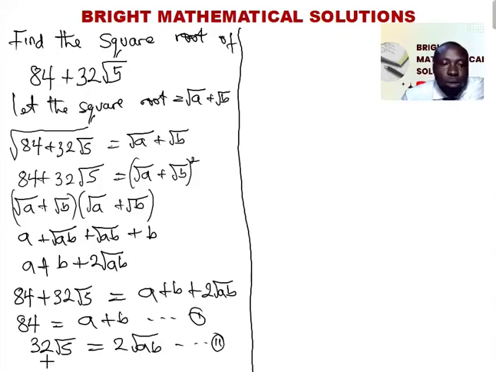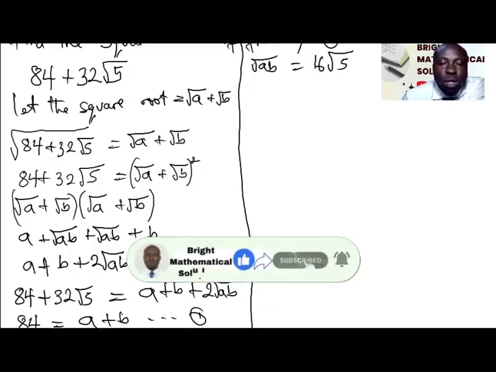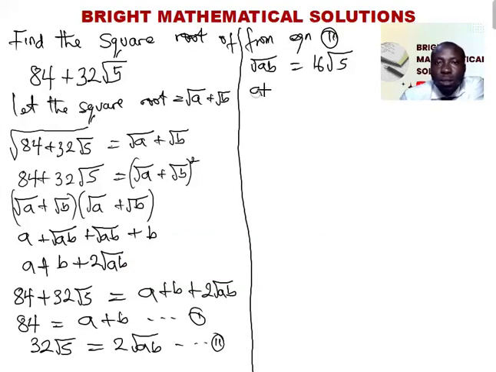Now let us solve for AB in equation 2. From equation 2, we have root AB equals 16 root 5. What I did was divide the 2 by 32. Let us square both sides such that AB equals 16 root 5 raised to the power of 2.